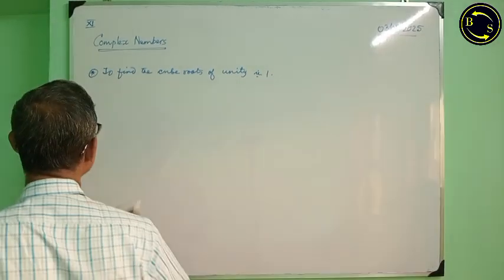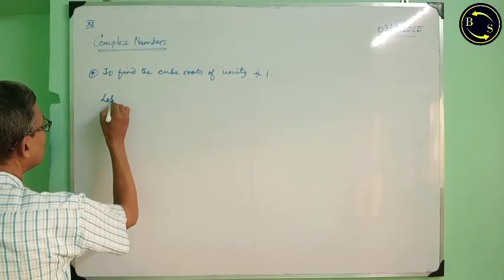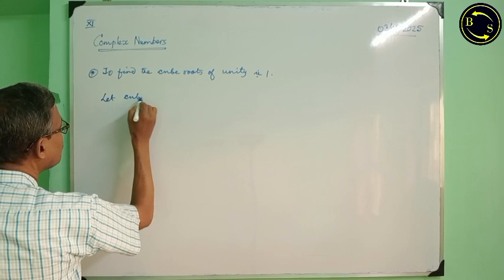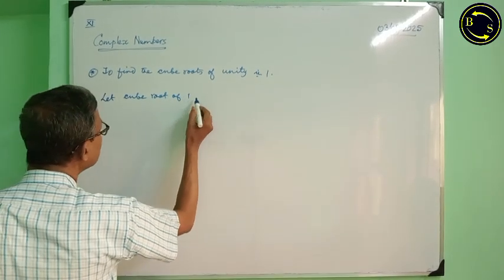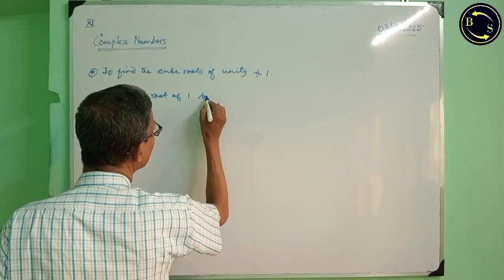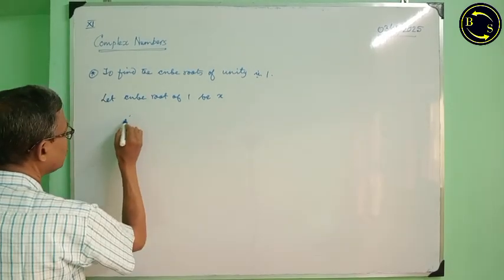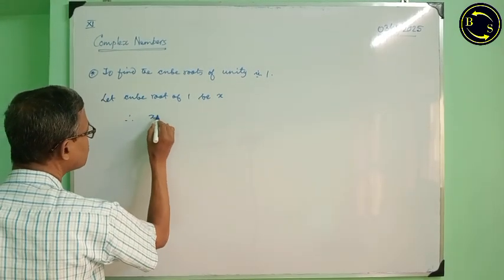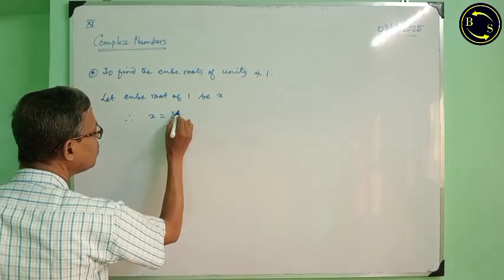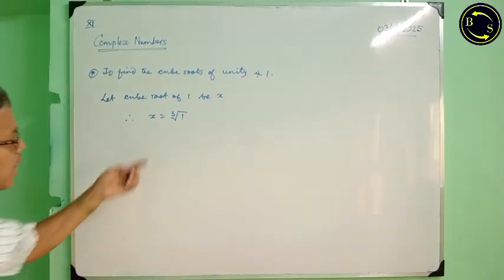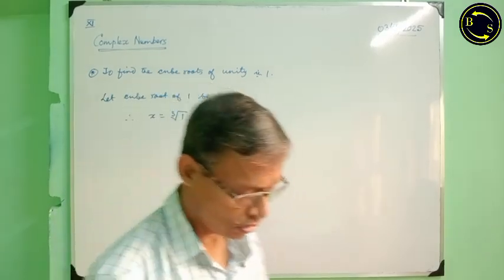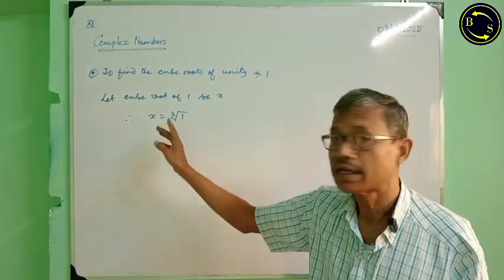First I take, let cube root of 1 be x. Therefore, x is equal to cube root of 1. On the right side, cube root. On the left side, x.